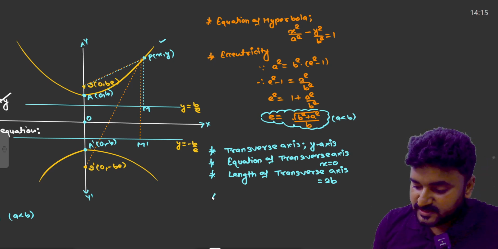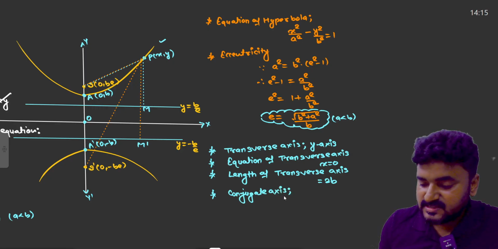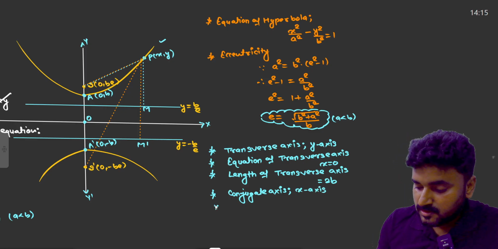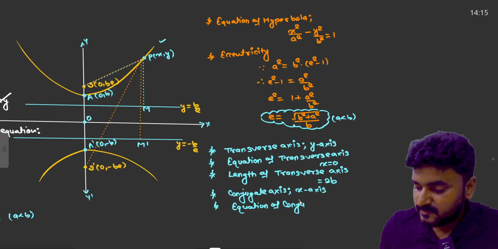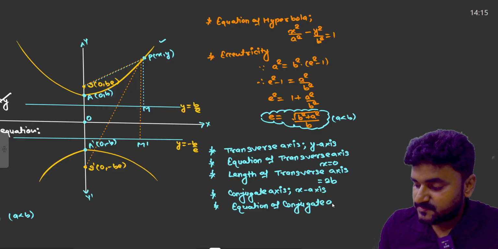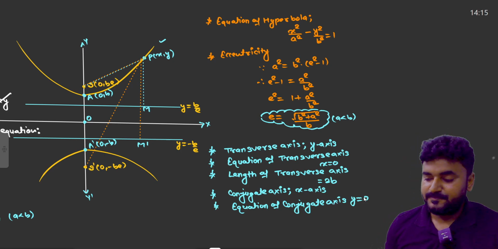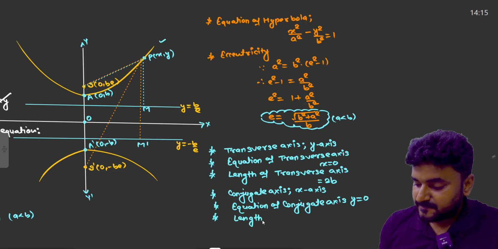After that, I will write the conjugate axis. Here the x axis will be the conjugate axis. Next, the equation of the conjugate axis will be y equals 0. Next, the length of the conjugate axis.